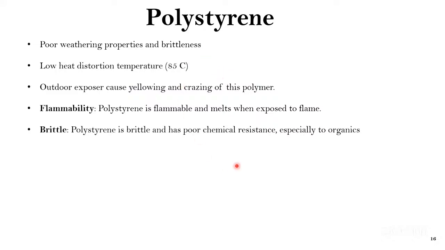That is the reason we do copolymerization: we add different polymers or different additives in order to achieve a more compatible and wider application, because polystyrene has very high impact strength also. But we can't use it due to its own limitations. That is the reason we do copolymerization with many polymers to get wider applications.